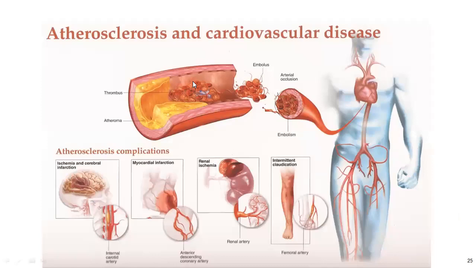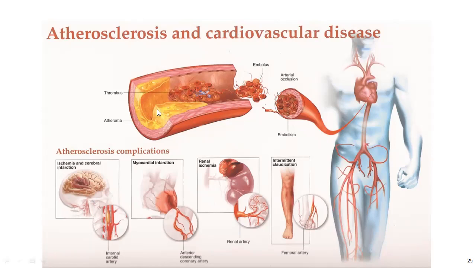Here it is showing the artery, right? You see the yellow, this is atheroma, where bad cholesterol accumulates. By time they accumulate and cause narrowing of the lumen of the artery, or they cause stasis. At that time blood does not move freely, and blood causes clot formation, right?